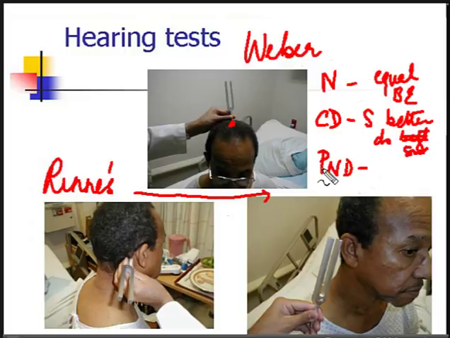If a person has partial nerve deafness, then they say that the conduction is heard better on the normal side, because the diseased side is not conducting any impulses. So they hear better on the normal side when you put the tuning fork, and on the diseased side they don't hear it. So that's what happens in Weber's test.